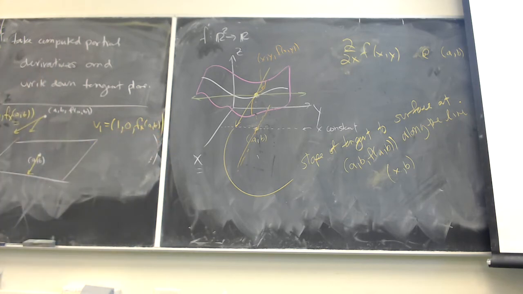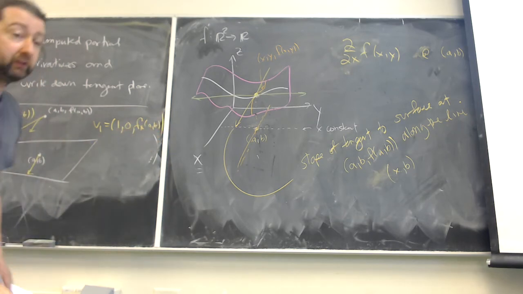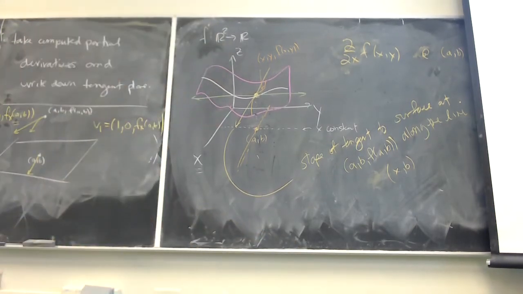Another vector that's in the tangent plane you would get if you did the other direction. If you move this way in the y direction, then you've got another curve that goes out like this, and you have another tangent vector. What is the direction of this tangent vector? Well, now I've got a unit change in the y direction.